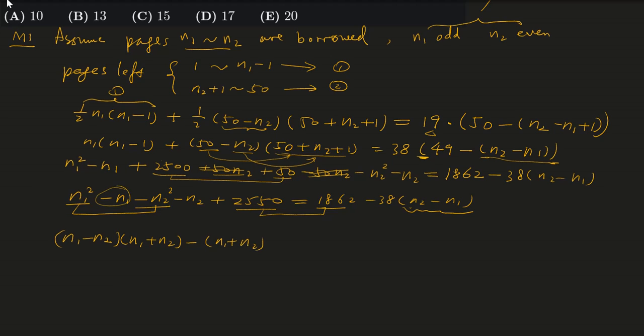That is from these two terms, right? We combine these two terms and have this. And then we move this to the left-hand side of the equation. That gives us plus 688. This is 8 equals minus 38 times n2 minus n1.